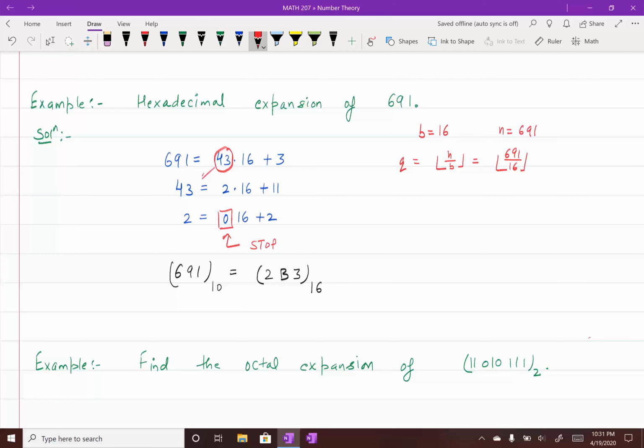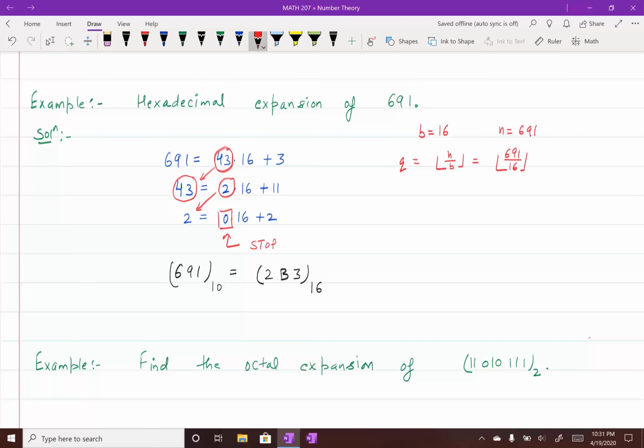Then you apply your algorithm, and next time you represent this quotient as a multiple of 16 plus some remainder, and you can represent 43 as 2 times 16 plus 11. Your quotient is 2, remainder is 11. 2 you can further represent in terms of a multiple of 16 plus some remainder, which you can write as 0 times 16 plus 2. And whenever your quotient becomes 0, you stop applying your division rule there.